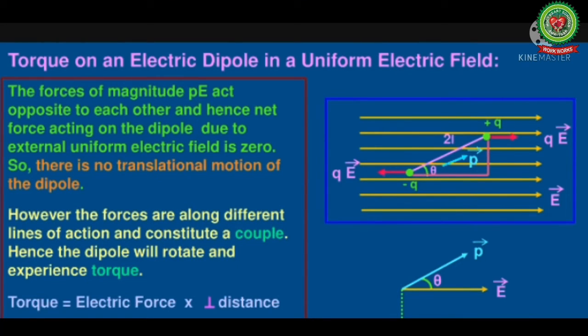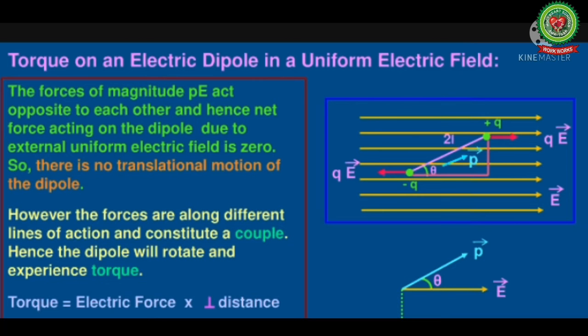Torque is the rotational effect of force experienced by a couple. Now, what is a couple? Couple is a pair of two equal, parallel, and opposite forces not acting along the same line of action. So, children, this dipole acts as a couple and experiences a torque.